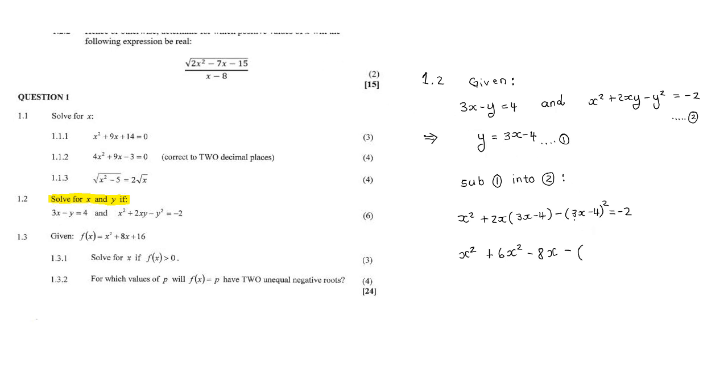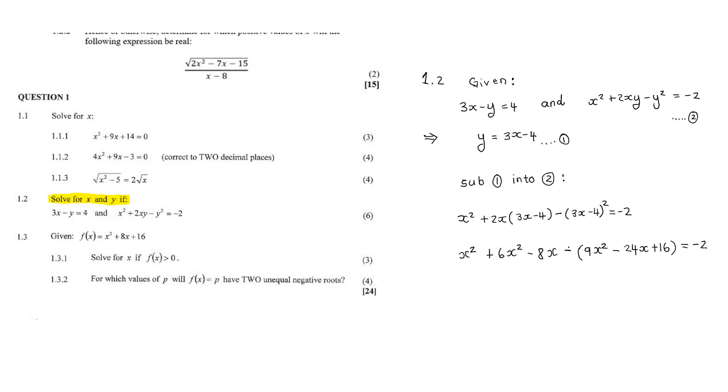Okay, so for this expansion, we're just going to have 9x squared. Then we have positive times negative is a negative. 4 times 3 is 12, 12 times 2 is 24, and that times x. And lastly, minus 4 squared is going to be a positive 16. Then all of this is still equal to minus 2.